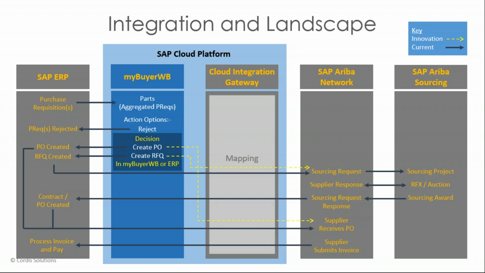Or if an RFQ is created, we can use Ariba to complete the sourcing activities and really benefit from that integration. There are other products that the Buyers Workbench also integrates with, so things like SAP sourcing, or you can convert your RFQs using standard SAP functionality.